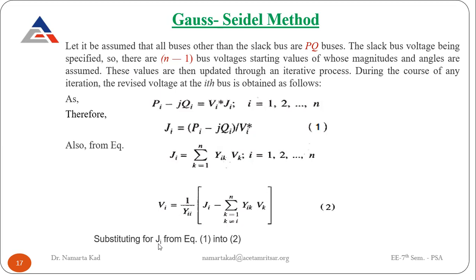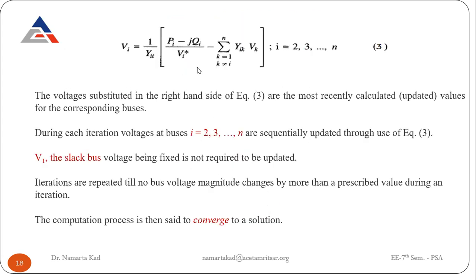Now substitute this Ji from equation 1 into equation 2. This Ji, that is Pi minus jQi divided by Vi conjugate. Just substitute this value of Ji here, and we get our Gauss-Seidel equation.